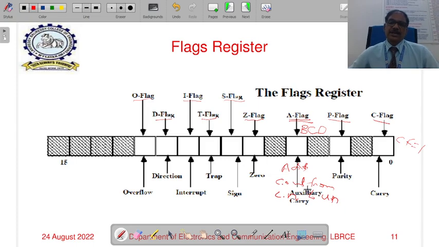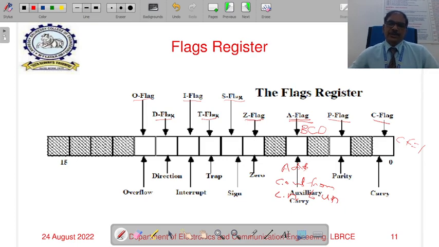If there is a carry out from bit number 3 to bit number 4, then the auxiliary carry flag will be set during the BCD addition. And during the BCD subtraction, if there is a borrow from the upper nibble to the lower nibble, that is, a borrow from bit number 4 to bit number 3, then the auxiliary carry flag will be set. That is the use of the auxiliary carry flag.